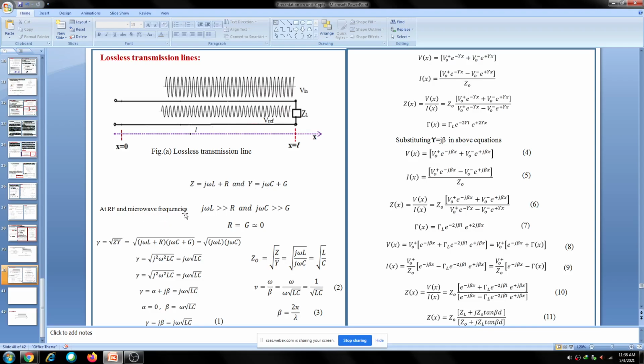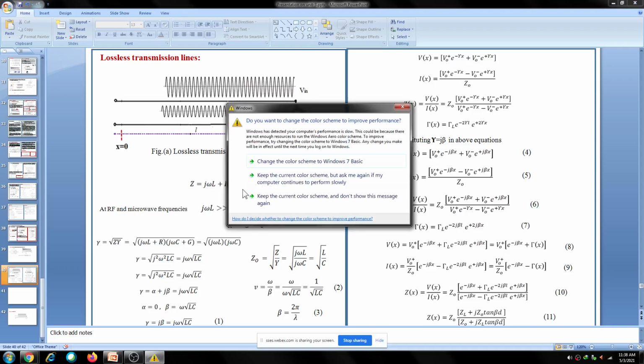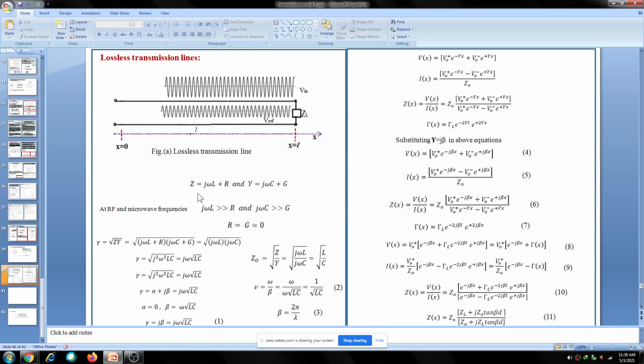Now at RF and microwave frequencies, at very high frequencies, what can we do? We can make this assumption: j omega L is very much greater than R and j omega C is very much greater than G, because omega is very high, in the order of gigahertz, 10 to the power 9.